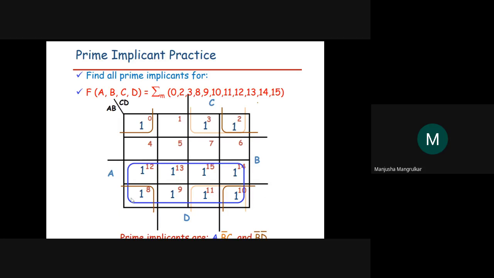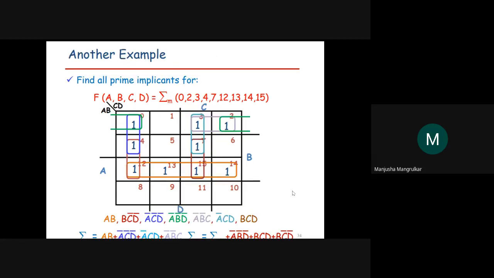So what is changing there? A is changing, only B complement is here, and here D complement. So this grouping of all the corner ones gives B complement, D complement, right? So today's concept is how you can do the maximum grouping of ones and minimize the equation. These are the grouping steps.